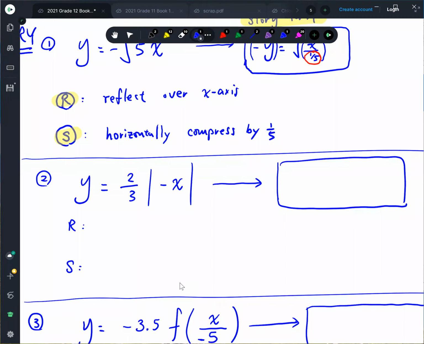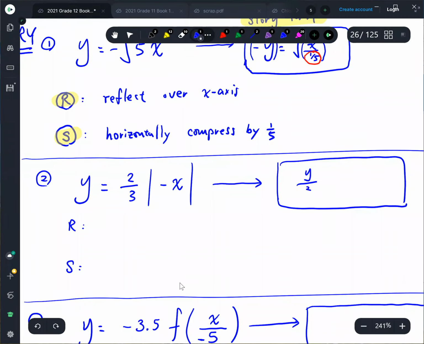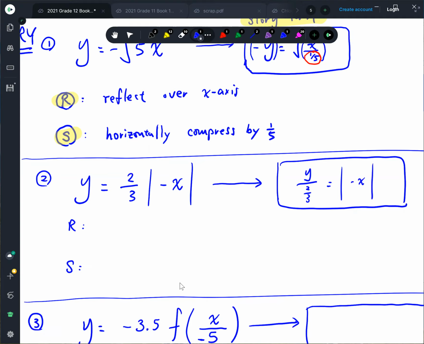I got y over 2/3 equals absolute value negative x. Yep, very good. So the negative x, the negative, you can keep it there, or you can write it as x over -1. It doesn't matter because there's no other number. The 2/3, however, you need to move it to under there, under the y.